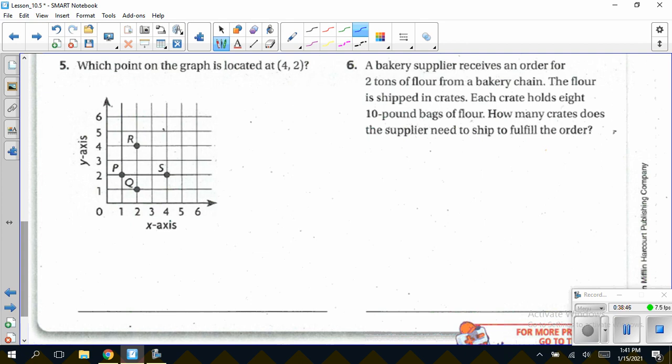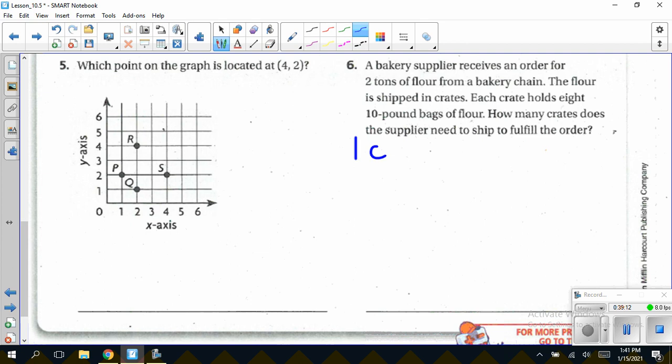And then number 6 says a bakery supplier receives an order for 2 tons of flour from a bakery chain. The flour is shipped in crates. Each crate holds 8 10-pound bags of flour. How many crates does the supplier need to ship to fulfill the order? So our first thing that we need to do is figure out how many total pounds of flour one crate can hold.